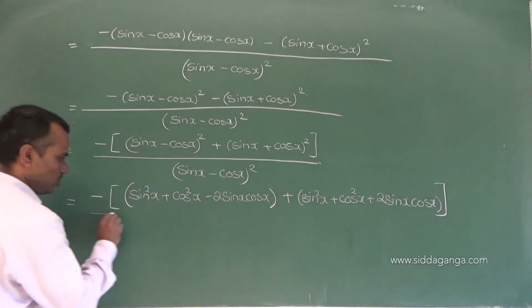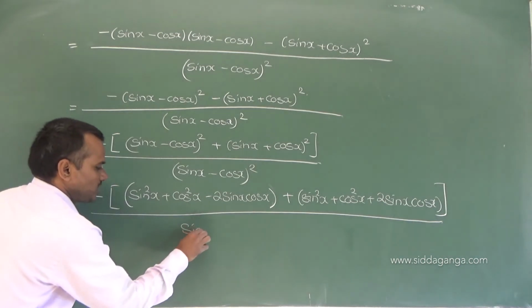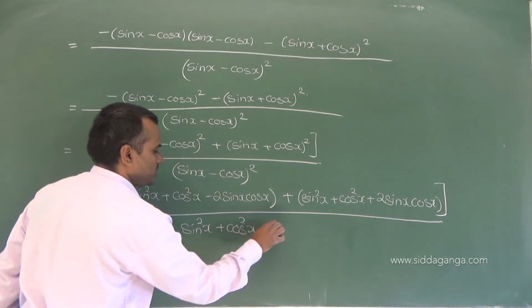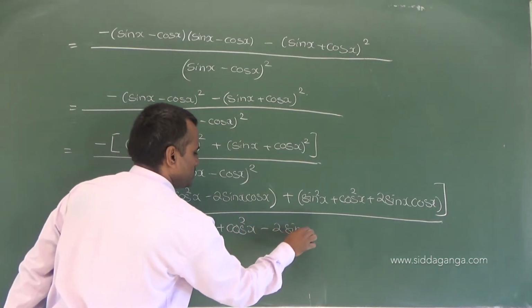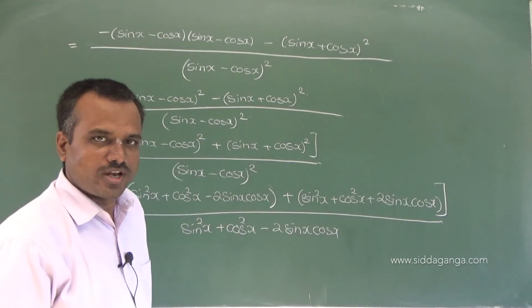Numerator over whole divided by denominator: a square sin square x plus b square cos square x minus 2 sin x into cos x.